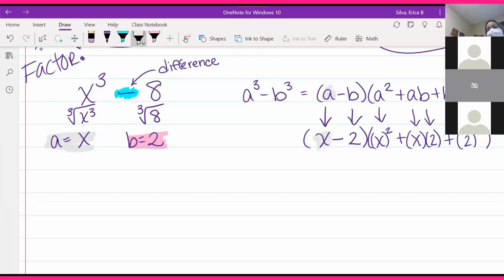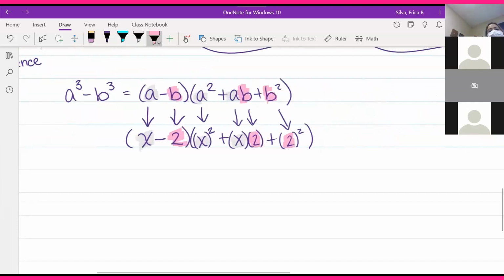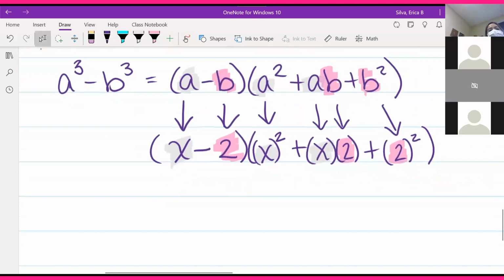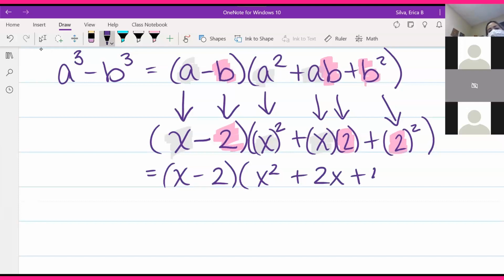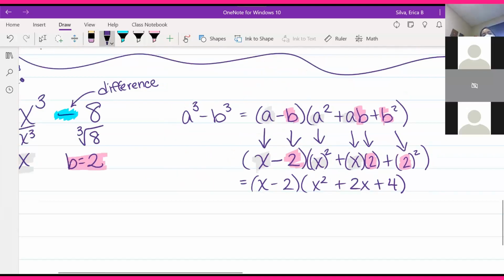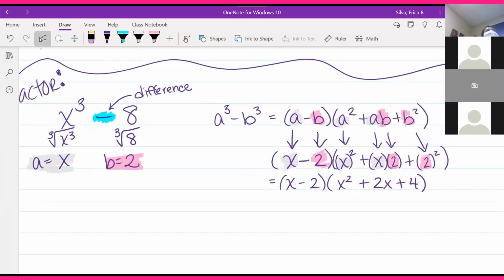So all your a's are x's and all your b's are 2's. And we just simplify it: x minus 2 times x squared plus 2x plus 4. Any questions so far?